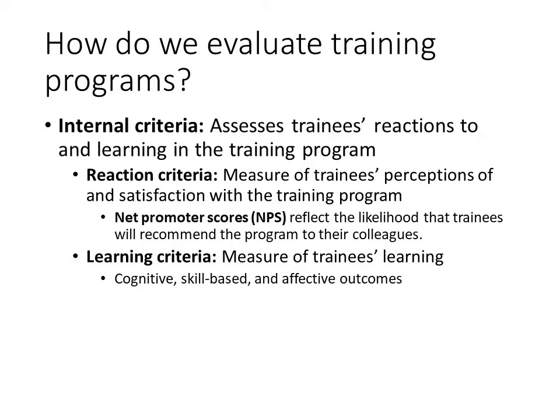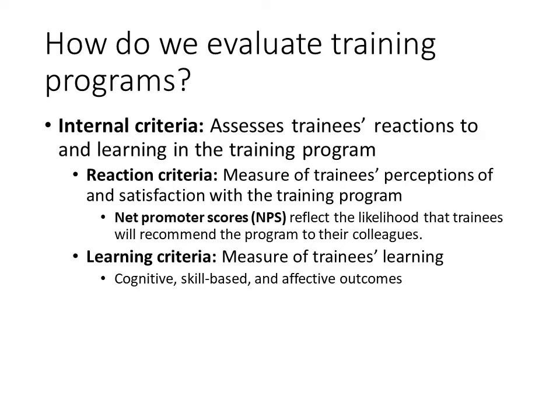Learning outcomes make up the second level. To assess the extent to which trainees learned from the training, we can measure cognitive, affective, and skill-based outcomes. In this model, cognitive outcomes include knowledge, like facts, principles, procedures, processes.